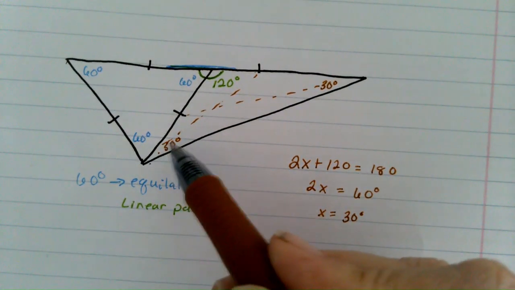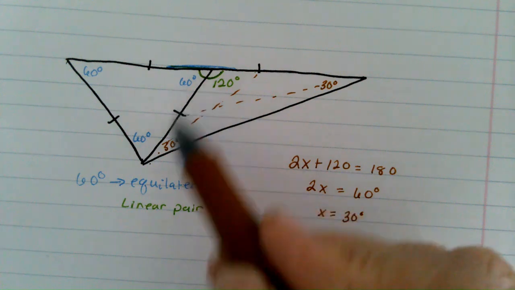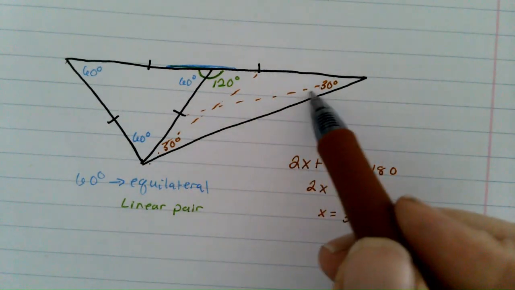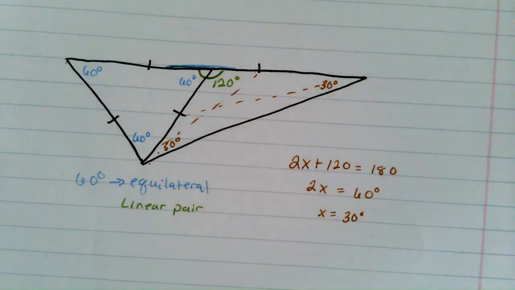Which is good because this is the remote exterior and it has to be the sum of those interior. So that works out as well. So don't lose track of the markings because the markings are going to be completely important for you to be able to solve the same problem.